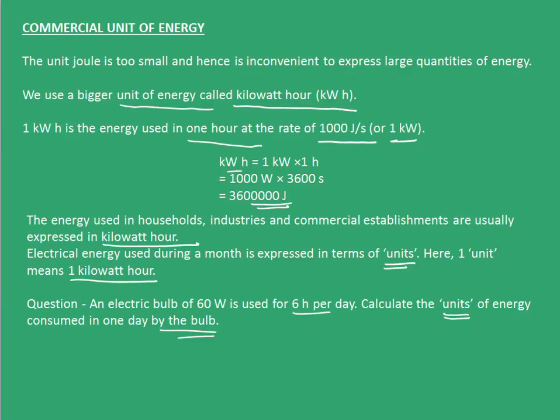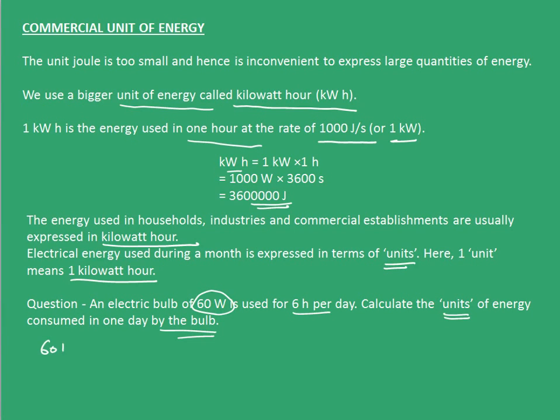So in order to calculate units of energy consumed, we have to first convert this power 60 watts into kilowatt hour because 1 unit is equal to 1 kilowatt hour. So what I will do is first calculate the energy consumed in kilowatt hour and I'll write it equal to the energy consumed in units.